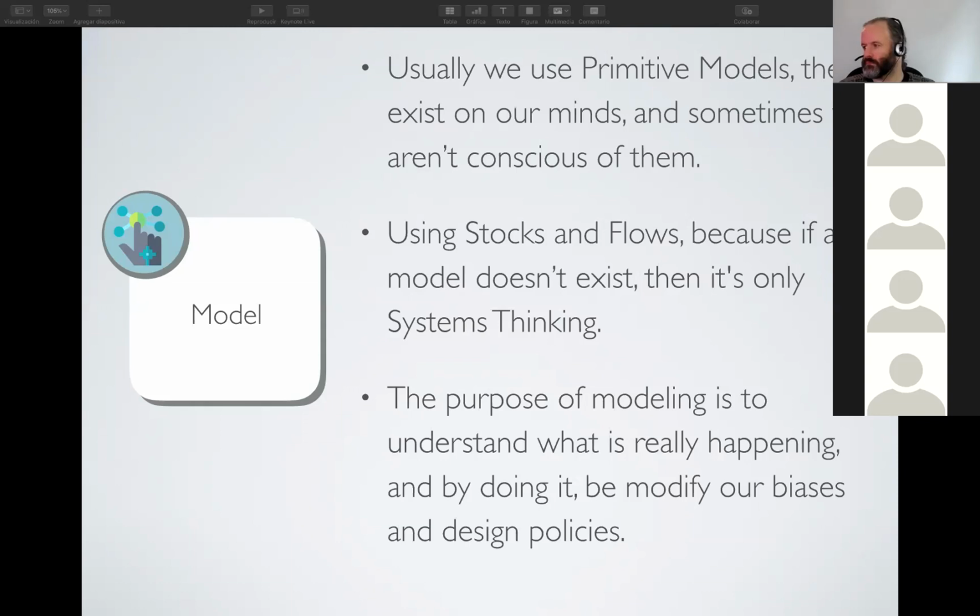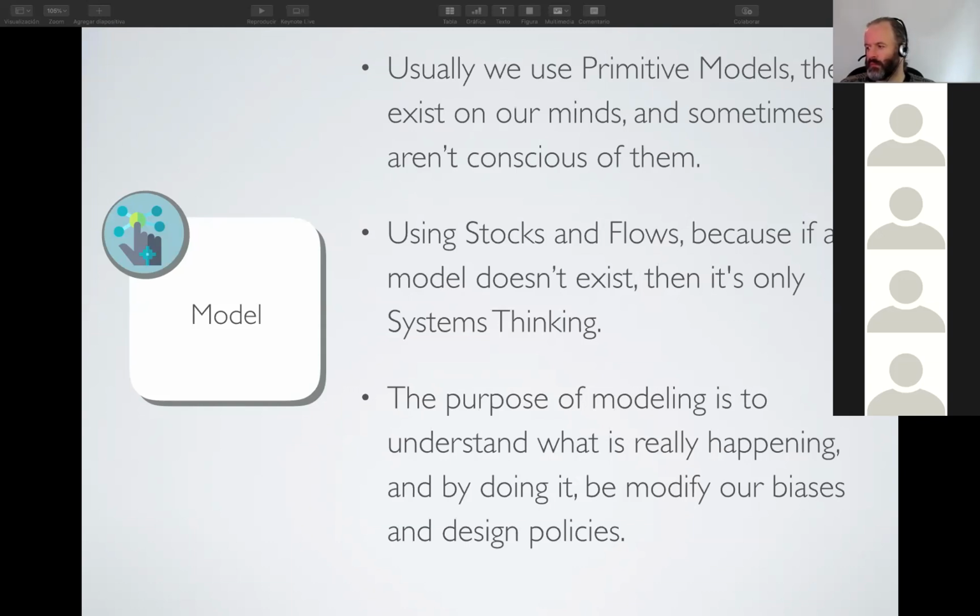We're asking ourselves questions and answering with actions that modify our world. And then we could use stocks and flows, because if a model doesn't exist in stocks and flows, then it's only systems thinking, right? The purpose of modeling is to understand what is really happening.